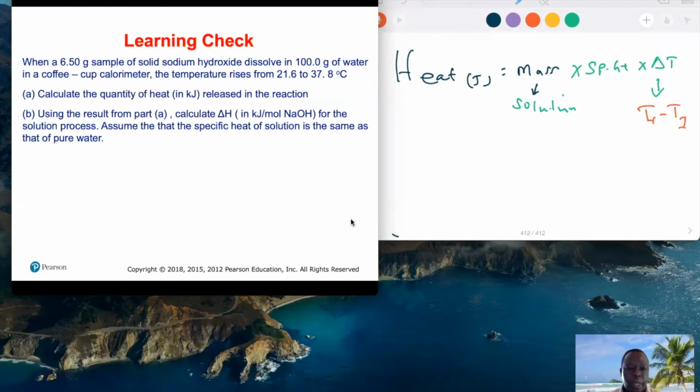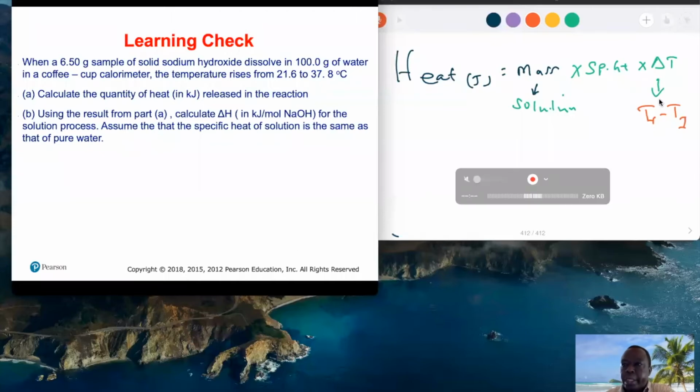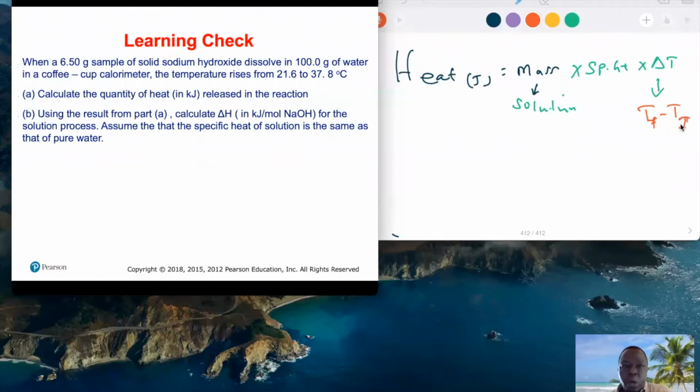Yeah. All right, thank you. Just want to make sure that we are all on the same page. So change in temperature is T final minus T initial, F for final and I for initial, which we have to find by finding the difference. 37.8 minus 21.6, and the change in temperature here is 16.2 degrees Celsius.